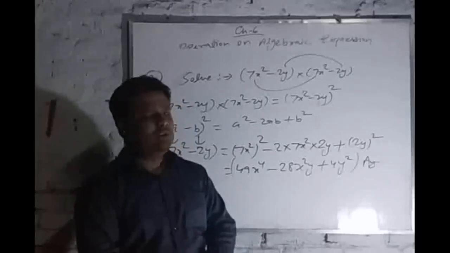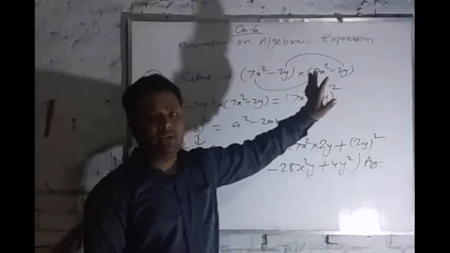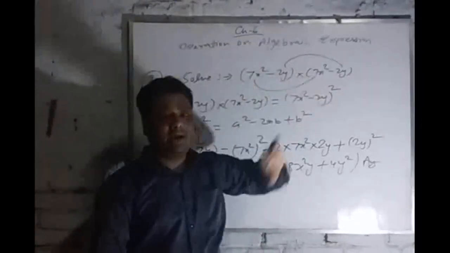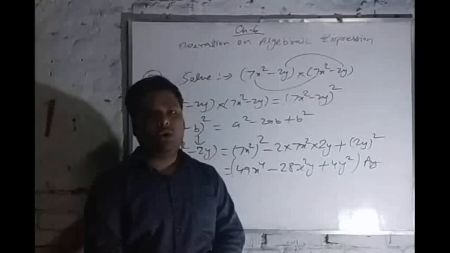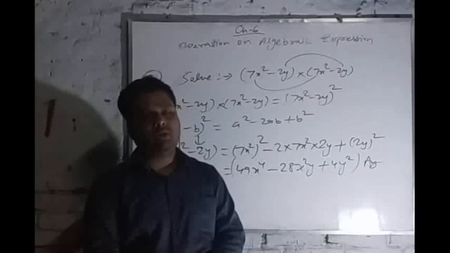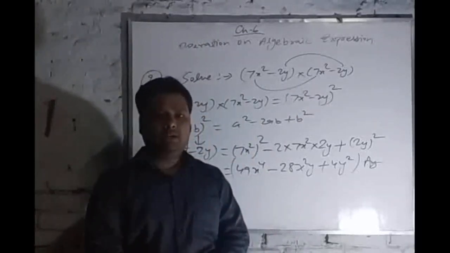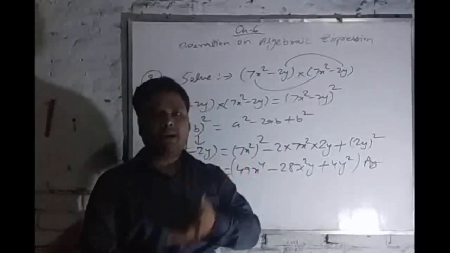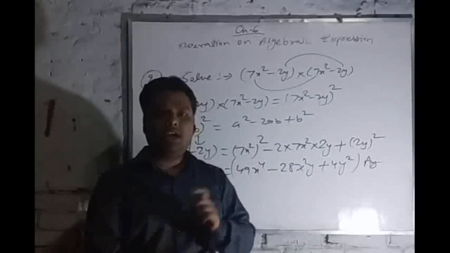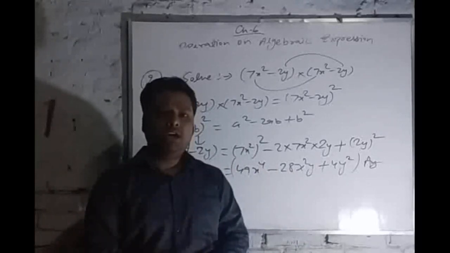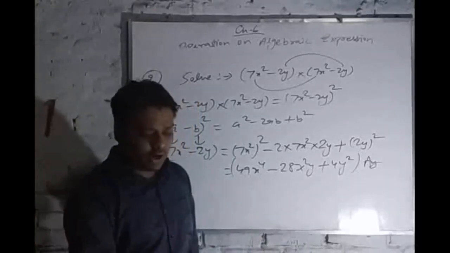Now if the first one is matching, the second one is also matching, and both have minus sign, then we will use the second identity: (a minus b) square is equal to a square minus 2ab plus b square. And if both terms are matching and one has plus sign, one has minus sign, then we will use the third identity, that is (a plus b)(a minus b) is equal to a square minus b square. So I hope that you all have understood.